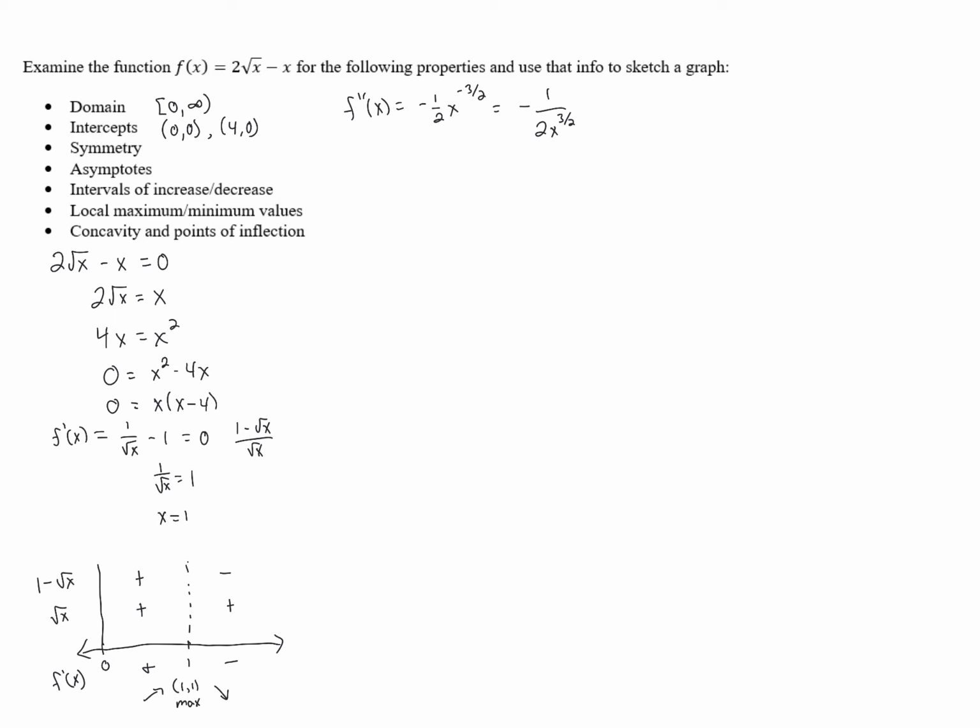So this is always going to be negative when it's defined. It's not defined at 0, but that's fine. Everywhere else, this is going to be a negative second derivative, which means we're going to be concave down on the whole domain.